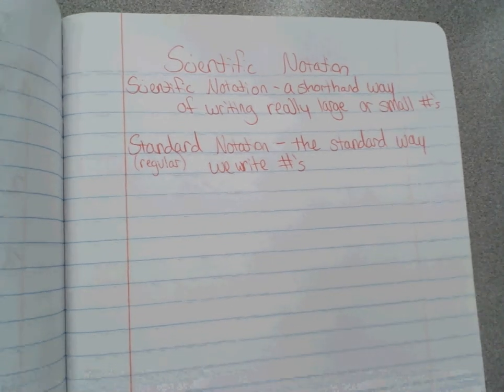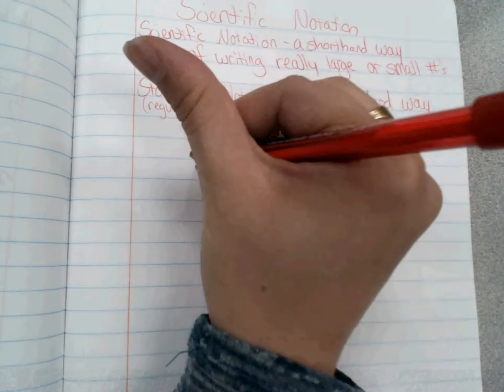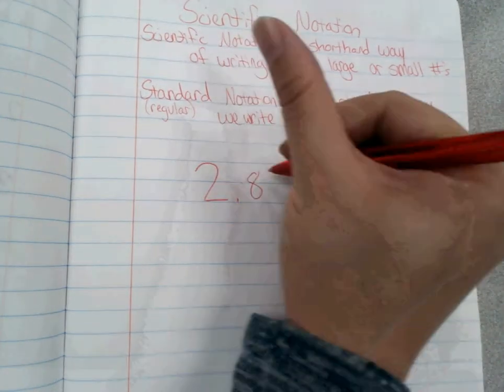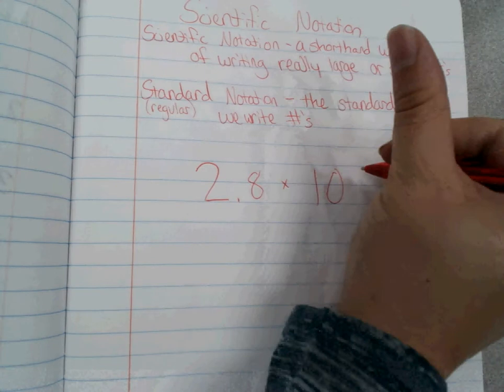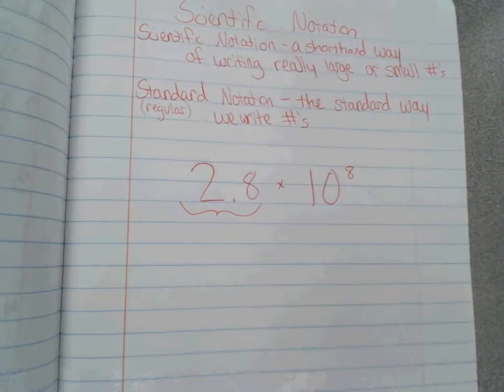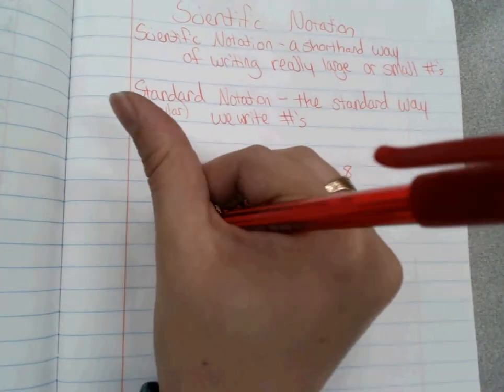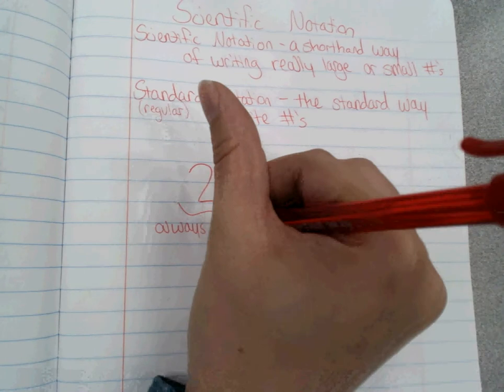So when we're looking at scientific notation, we look at something like 2.8 times 10 to the 8th. Remember, this first digit always has to be between 1 and 10, that first number.